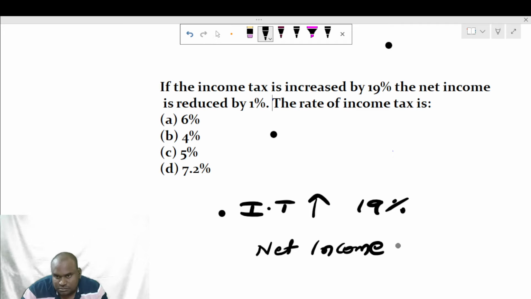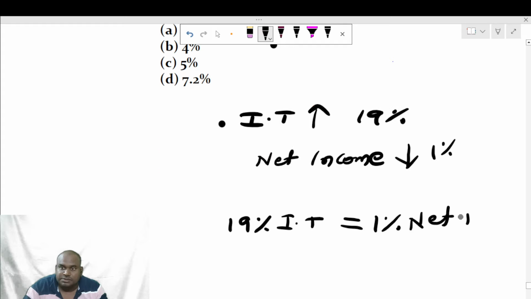So if the income tax is increased by 19%, net income decreased by 1%. Because of this increase in income tax, net income is decreased. So it means both are same. So 19% of income tax is equal to 1% of net income.